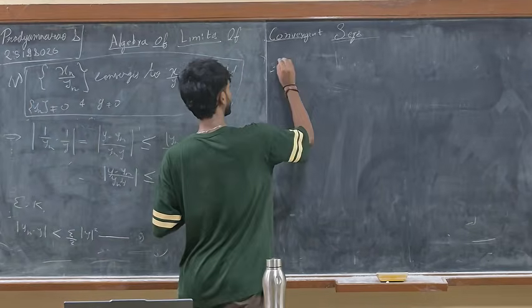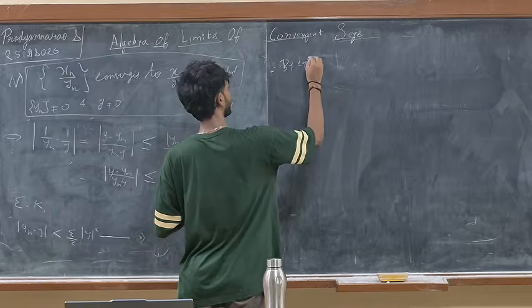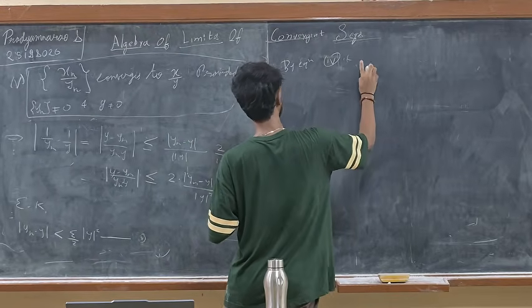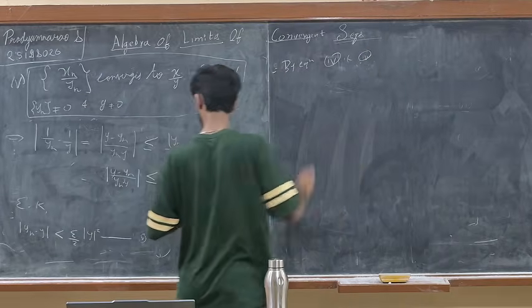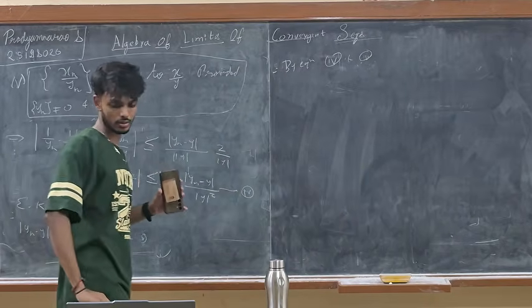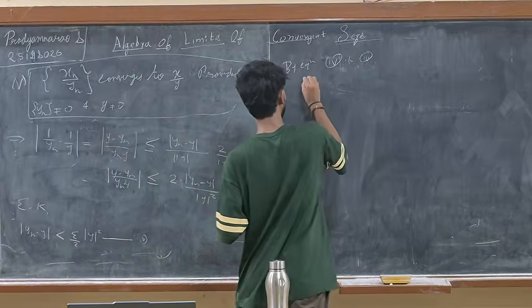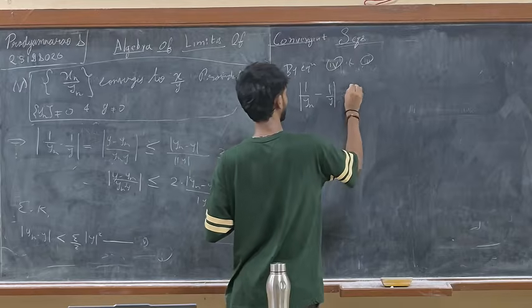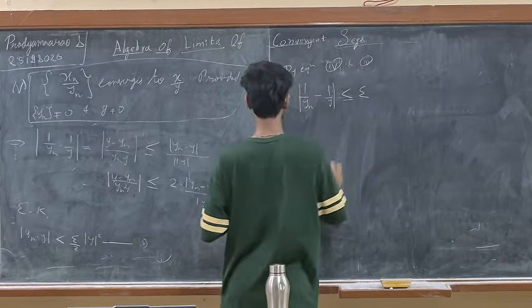Now using equations 4 and 5, we can write mod 1 by y_n minus 1 by y is less than or equal to epsilon.